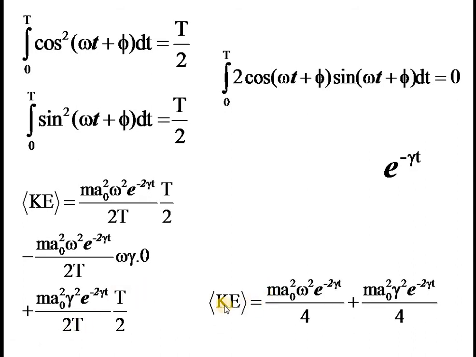So what is left is the average kinetic energy equal to the first term, that is 1 by 4 m a0 square omega square e raised to minus 2 gamma t, and from the last term again 1 by 4 m a0 square gamma square e raised to minus 2 gamma t. So you got this average kinetic energy.